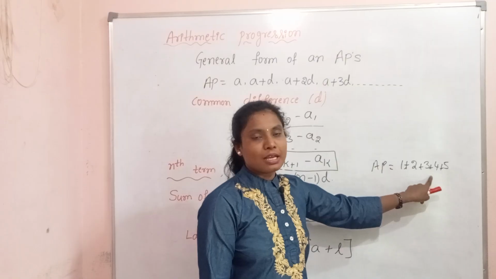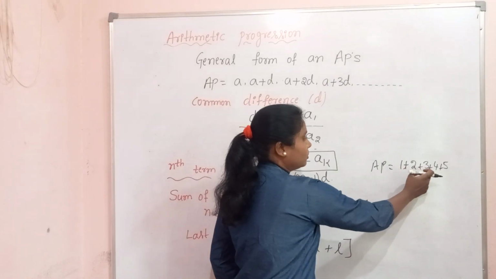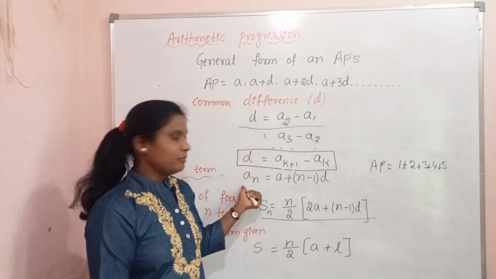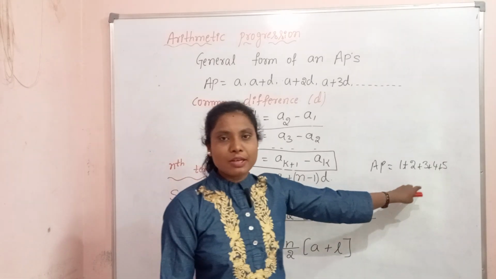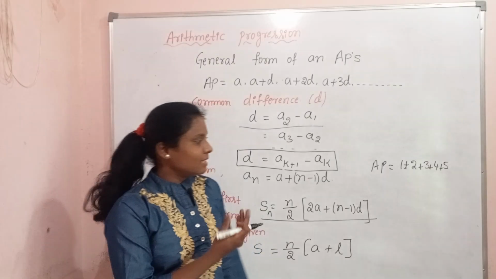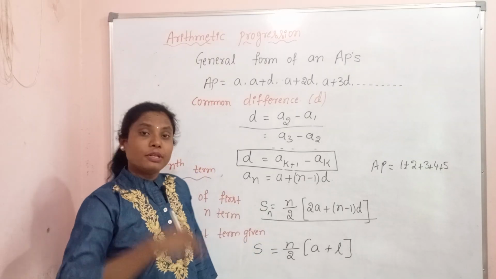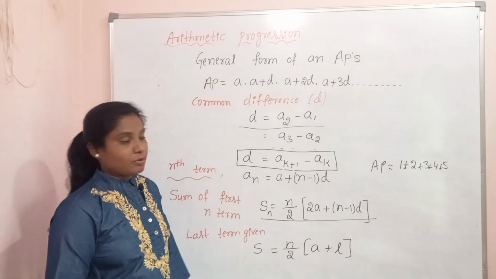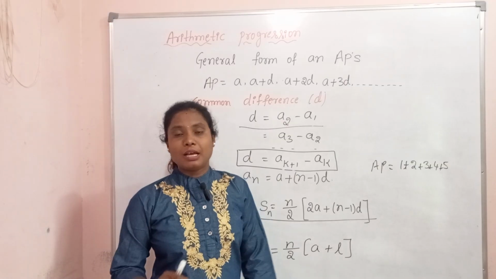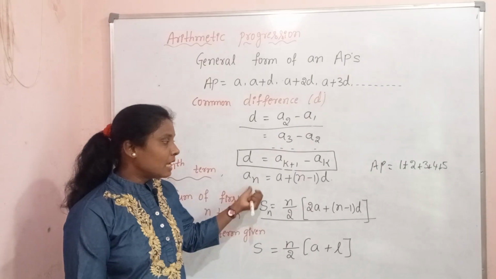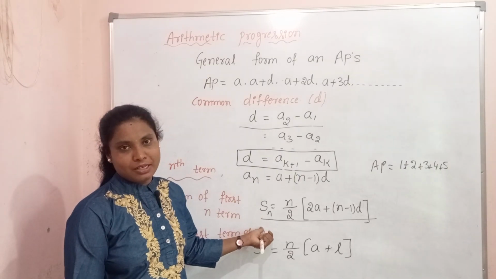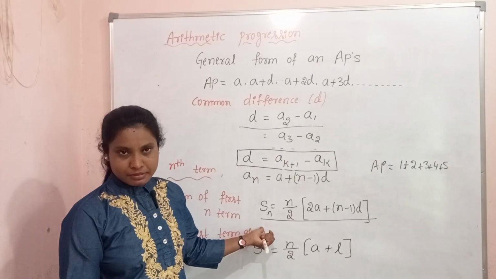This is a simple one, so we are able to find it while saying it or while adding. But if they give complicated problems or negative numbers, or different problems, that time we apply this formula. So we have to remember this one.